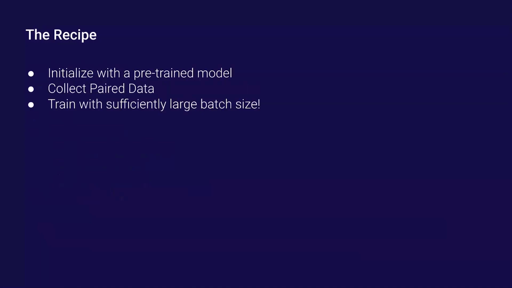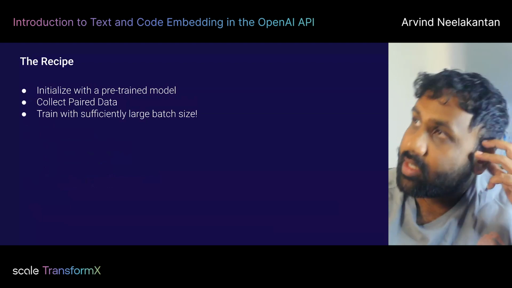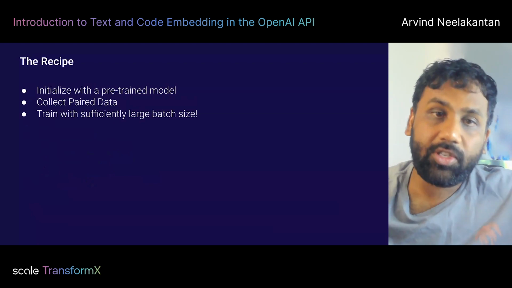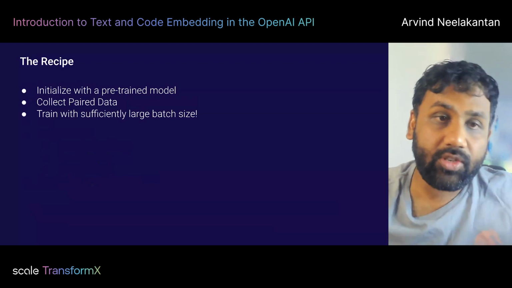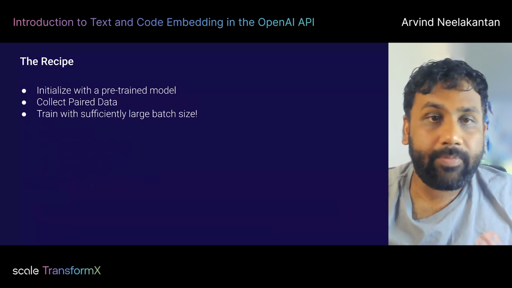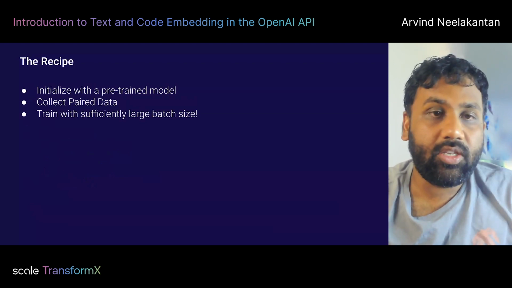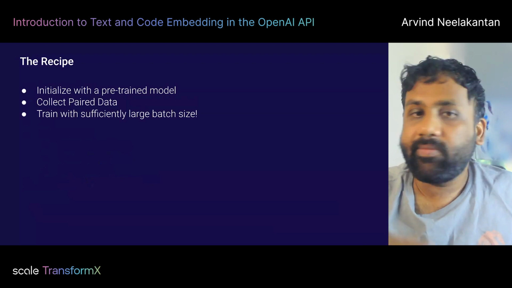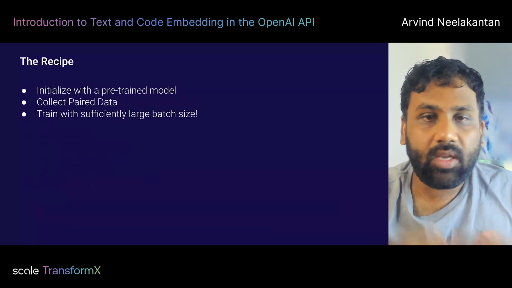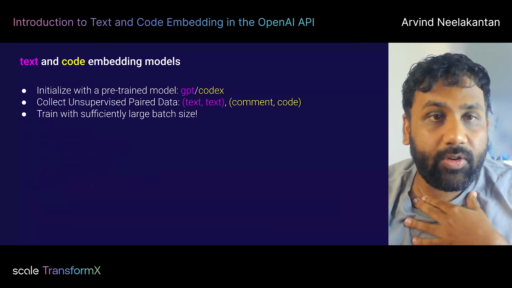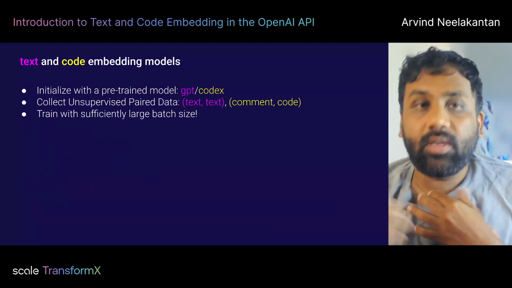And turns out you had to do one more thing, which is the contrastive loss on its own is not sufficient to get very good features, and it's better if you initialize with a pre-trained model. But that's about it. It's basically these three steps: initialize with a pre-trained model, collect pair data, and train with sufficiently large batch size. So this simple recipe, now you can apply that for getting text and code embedding models.